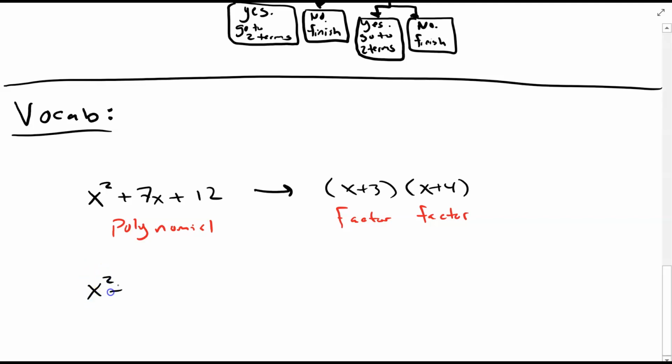What if I have x squared plus 7x plus 12 equals 0? This would then be a polynomial equation, right?